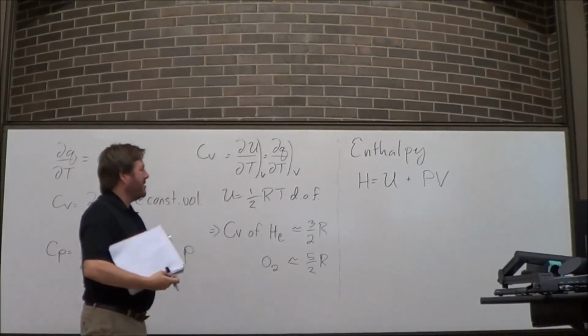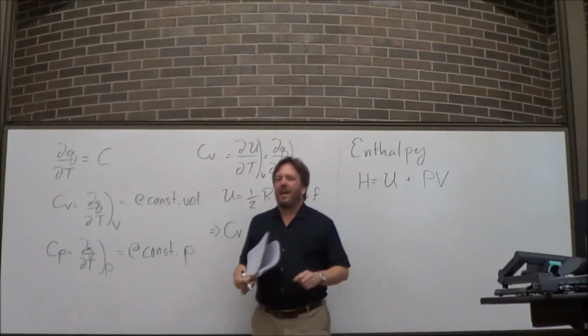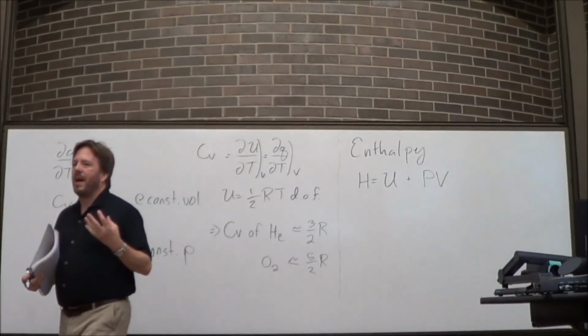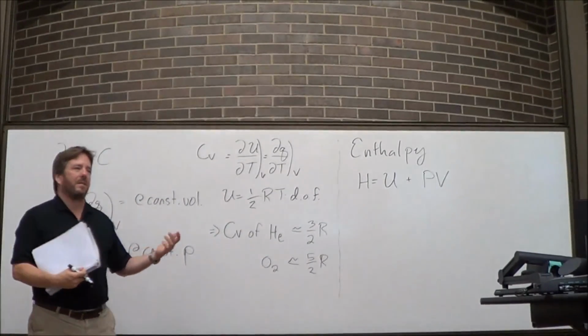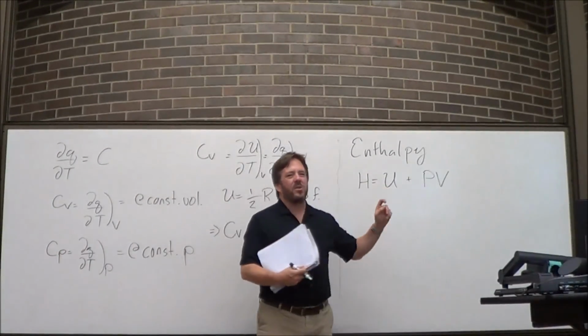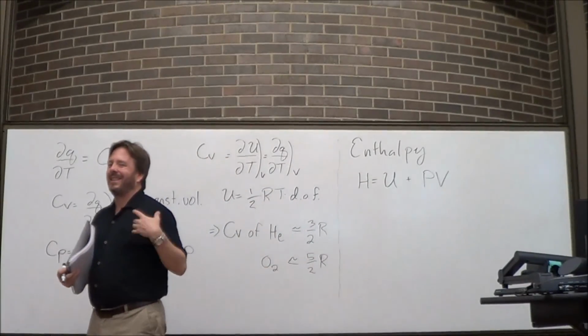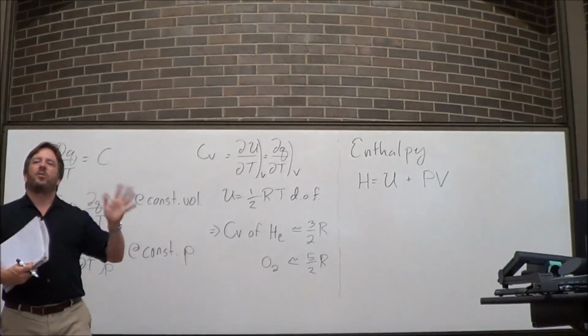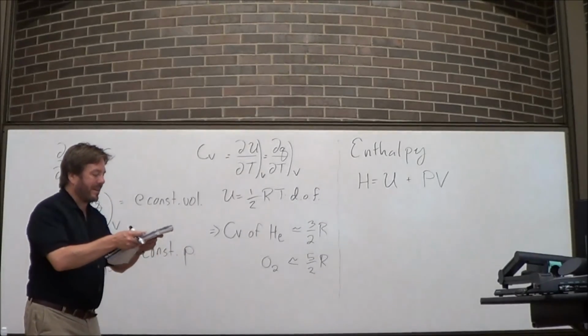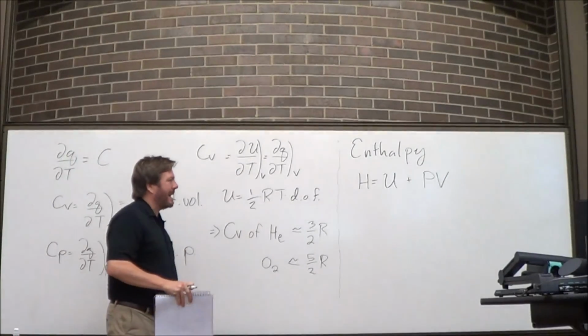So this addition of PV is designed to capture that ability to move a piston, which I don't really think of an energy of a molecule really doing that. That's too many degrees of separation. There is actually more to it than just that.